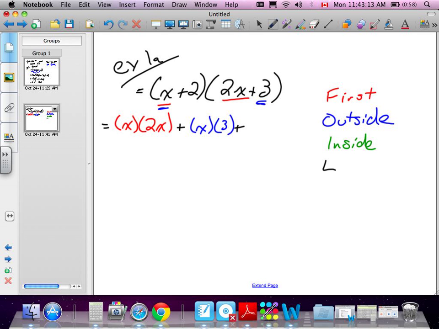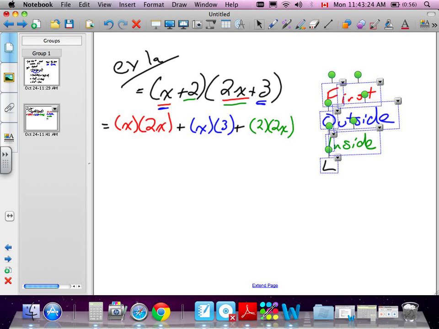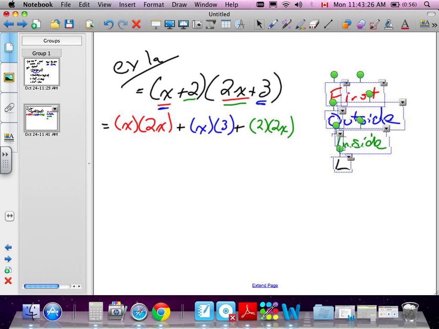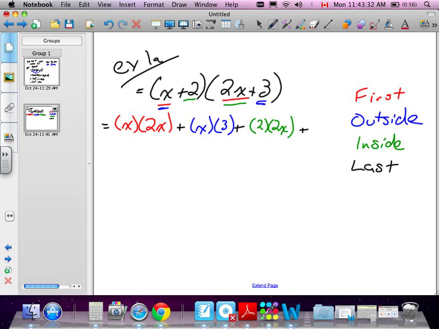They are 2 and 2x. And finally, L stands for the last terms, which are 2 and 3. Okay? So I multiply 2 times 3. If you notice, each of the terms in each bracket has been used twice.